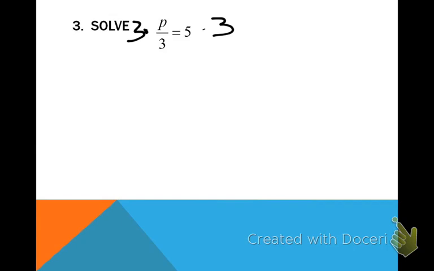If I were to create the equivalent equation here, if I'm going to multiply this side by 3, the p over 3 is already a fraction. I'm going to make this one a fraction and multiply straight across. I'm going to do this a little bit slower than what Tommy did. 3 times p in the numerator gets you 3p. 1 times 3 in the denominator gets you 3. That's how you multiply fractions. And then 5 times 3 is 15.